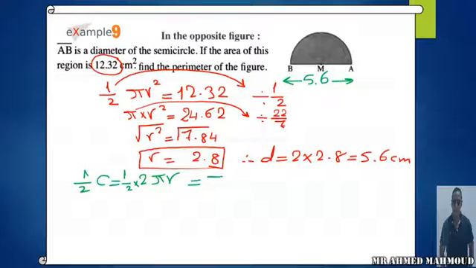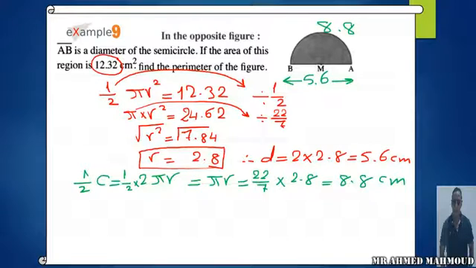It equals pi r, which equals 22/7 times r, which is 2.8. This one equals 8.8 centimeters. Then the length of the semicircle here is 8.8 centimeters.